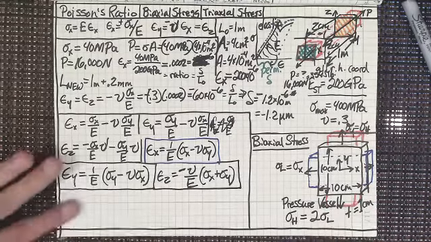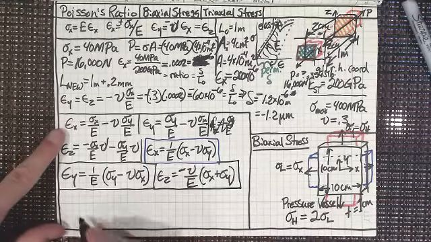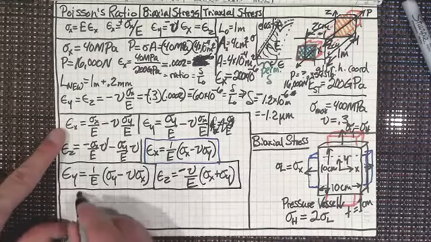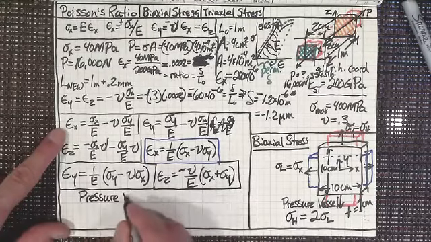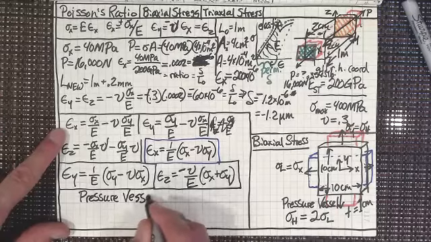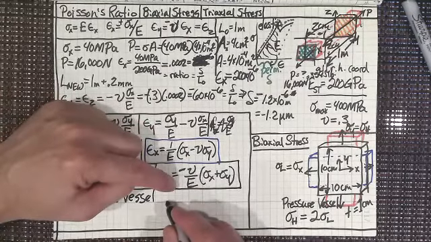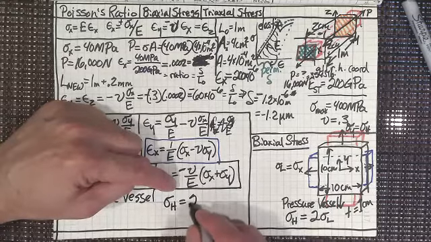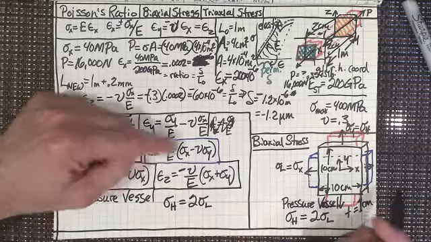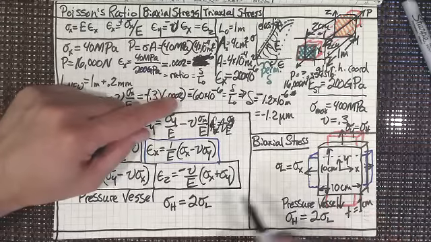What we're going to do with the next one is roll this in and look at a pressure vessel, even before we get to more pressure vessel equations later on. And remember, for a pressure vessel, sigma sub h equals 2 times sigma sub L. What does that really mean?